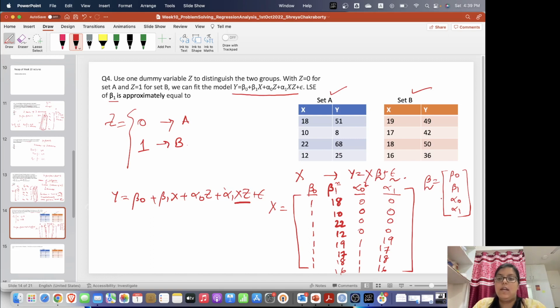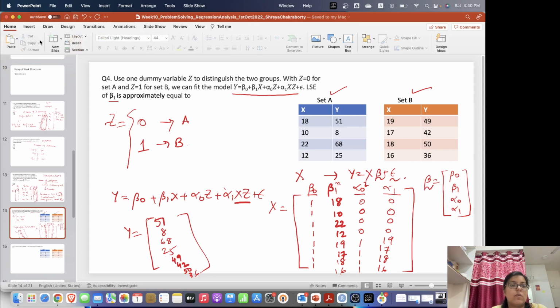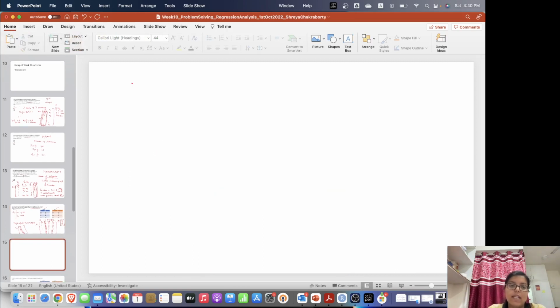Now once we have the X matrix, and we also know how the Y matrix should look, corresponding to 18 we have 51. The same thing we'll write down, first set A, and then set B: 49, 42, 50, 36, whatever we have, that is our Y. Once we have our x's and y's, we just need to compute X prime X inverse and X prime Y, where X is nothing but this thing.